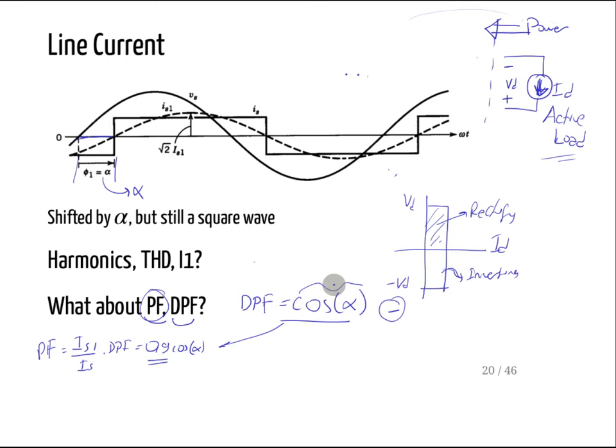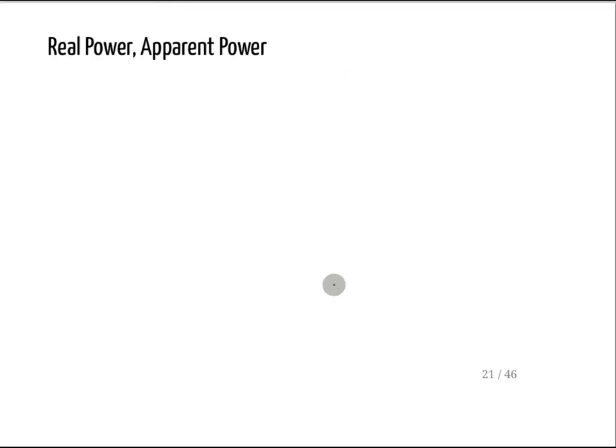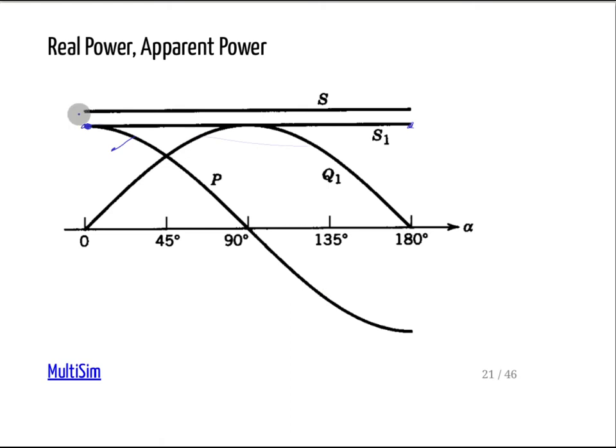A power factor of 1 means P is equal to S, the apparent power. Remember from the previous year, P squared plus Q squared is equal to S squared. At that point, this is a unit power factor from the displacement.